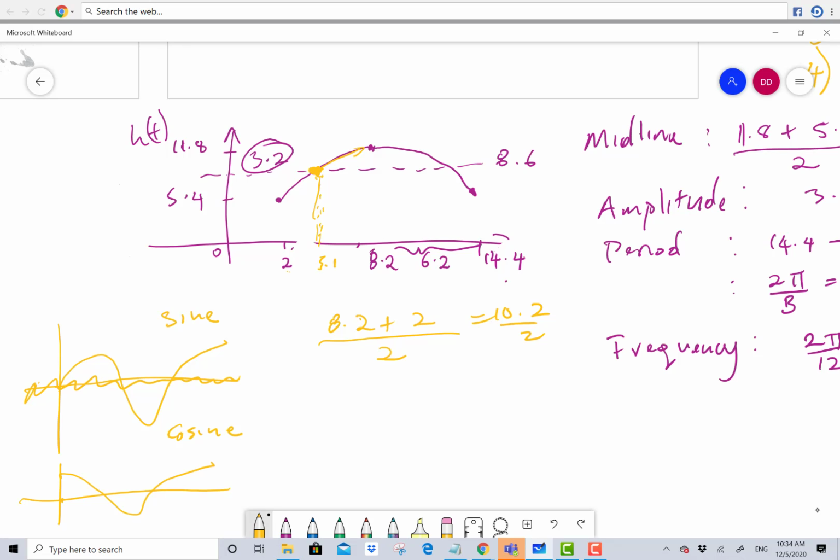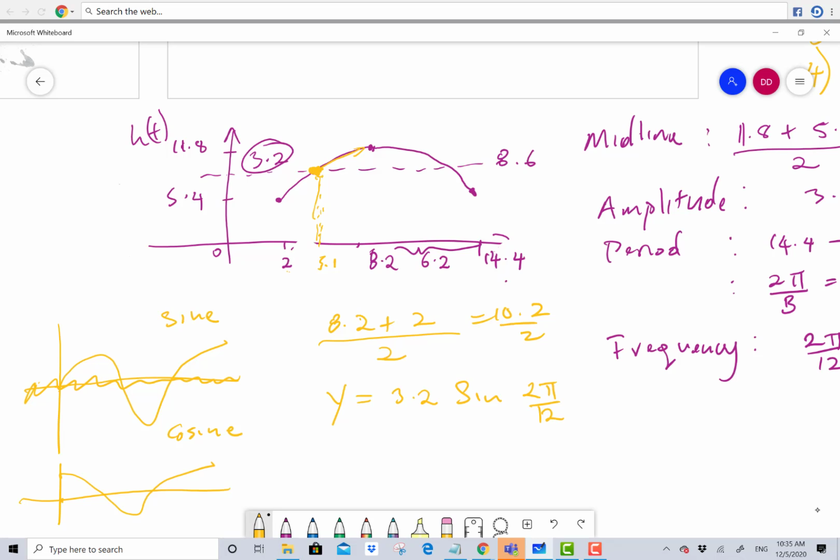So writing my equation now using sine, this equation is going to be y equal to, I know the amplitude right here, starting from the midline to the top, is 3.2. I know it's going to be sine. My frequency, which I already established, is going to be 2 pi over 12.4. I could simplify, but we can leave it like that.